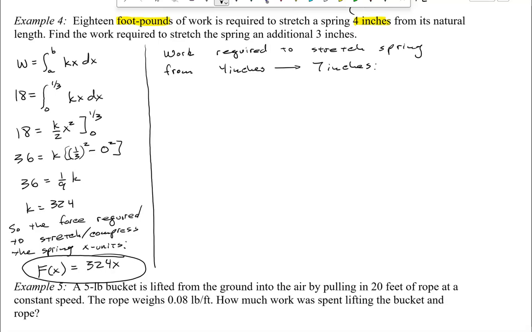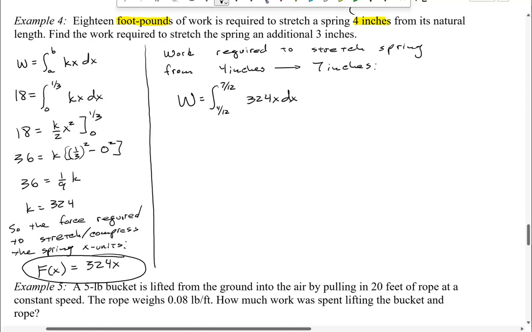So we're going to get that the work done is going to be the integral from 4 inches to 7 inches. Well, that's 4/12 of a foot to 7/12 of a foot. And then we have our force function, 324x dx. And again, straightforward integral, we're going to get 162x squared evaluated from 4/12 to 7/12.